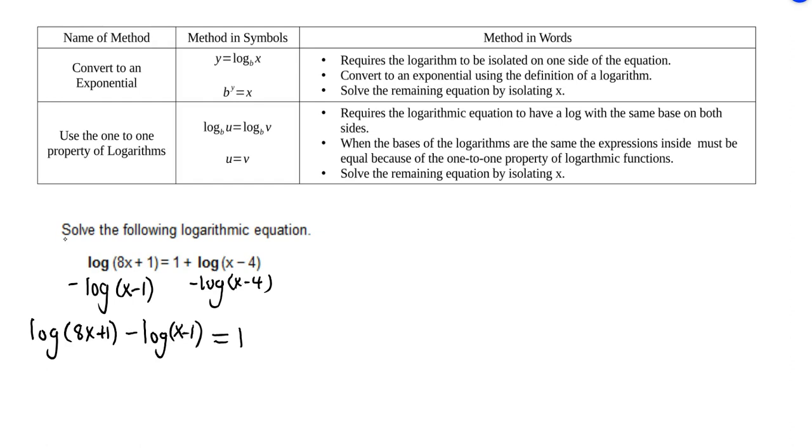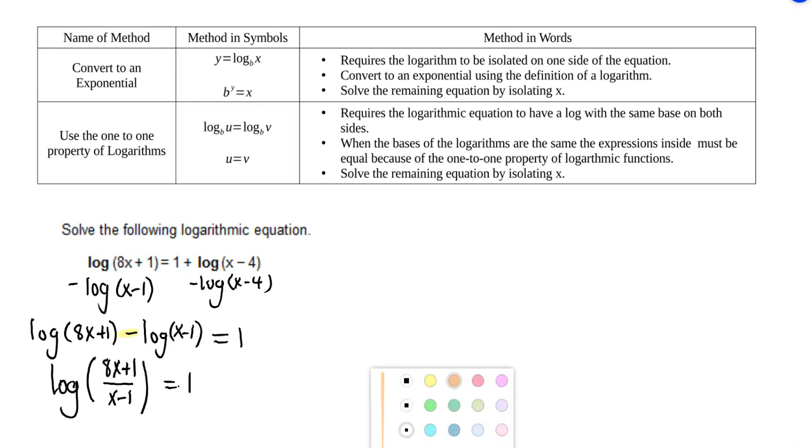Now I'm going to be able to condense these two logs into a single log because they have the same base of 10, or sometimes it's called the common log. Now because it has subtraction, we're going to condense this using what's called the quotient rule. So that gives me log of 8x plus 1 over x minus 4 equals 1.